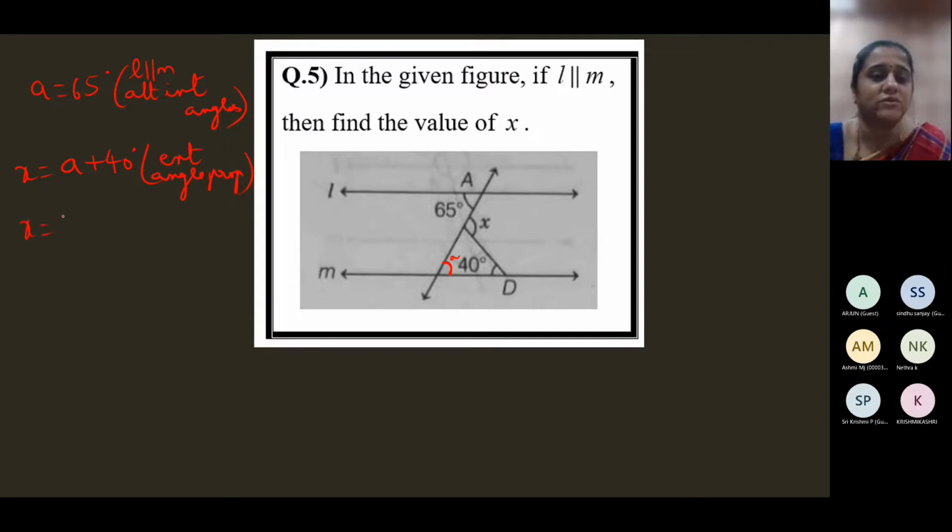So x is equal to 65 plus 40. X is equal to 105 degrees. Yeah, please write down.